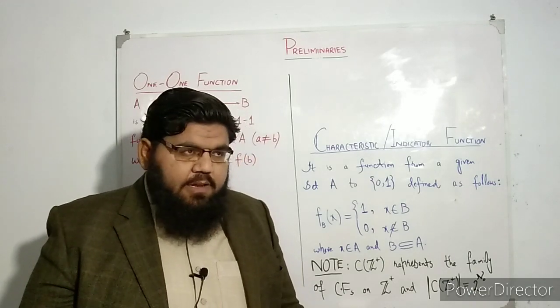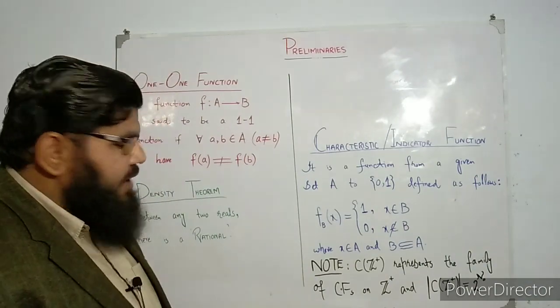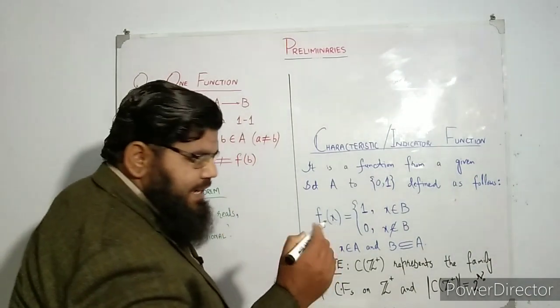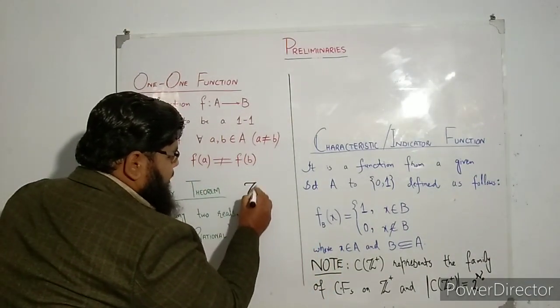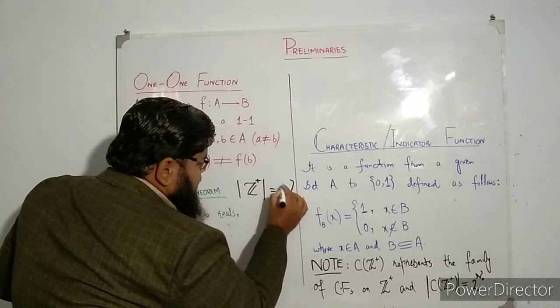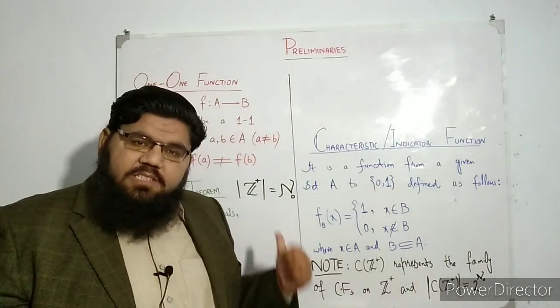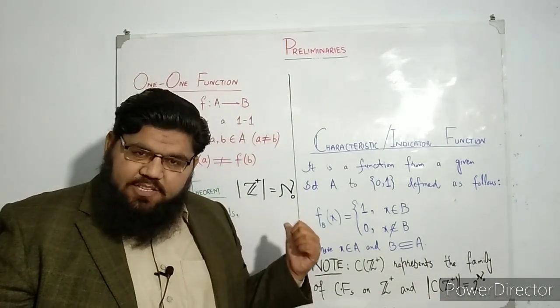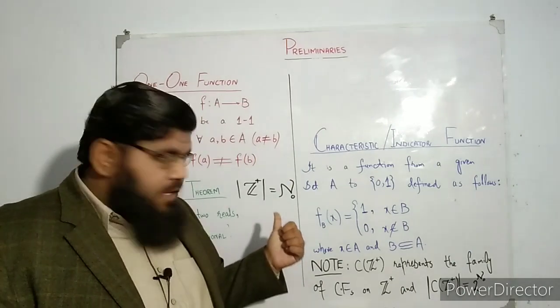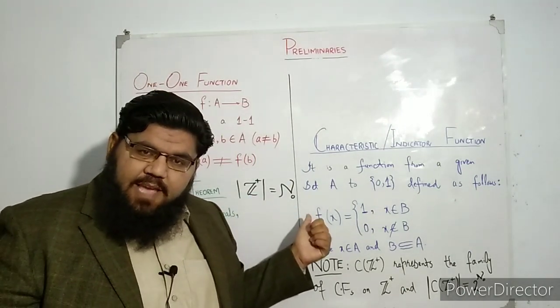If you think about it for a moment, you will realize that the cardinality of the set of positive integers is alpha naught. I have told you in previous lectures that the cardinality of the set of positive integers is alpha naught.